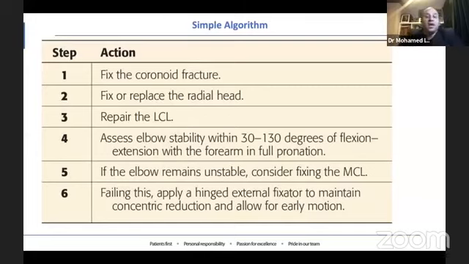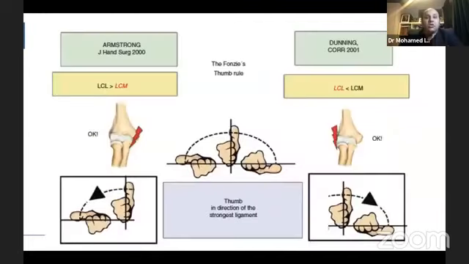If unstable and there is varus instability, I'll repair the medial collateral ligament. If in worry, I would do an external fixator to allow concentric reduction and allow for early motion. Post-operatively, as there are different protocols, try to avoid using heavy plaster and try to avoid immobilization of these.